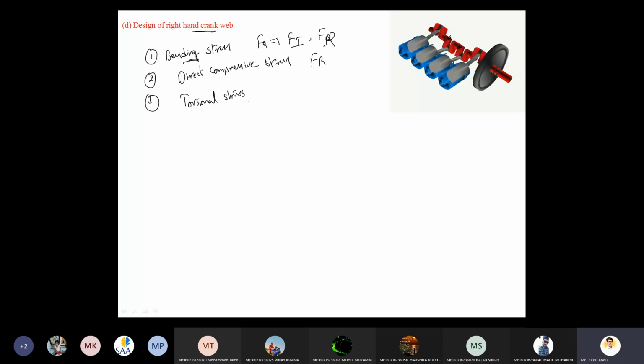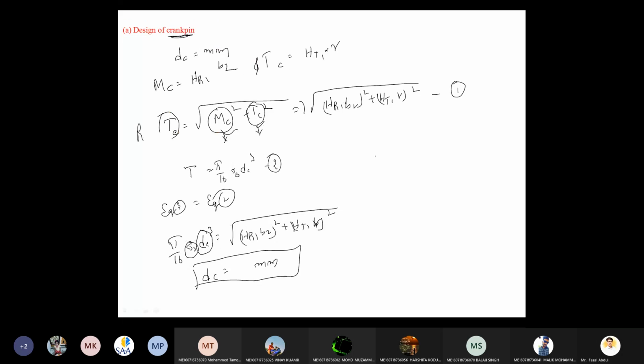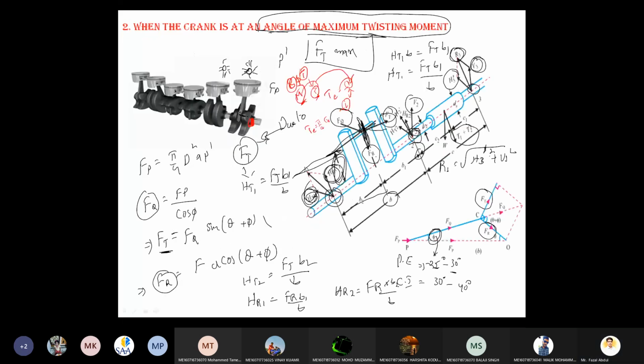So the maximum bending moment due to these FQ forces, the equation I'm writing: maximum bending moment is HR2 into B1 minus LC by 2 minus T by 2. So where is HR2? I'm showing the figure, the main figure.